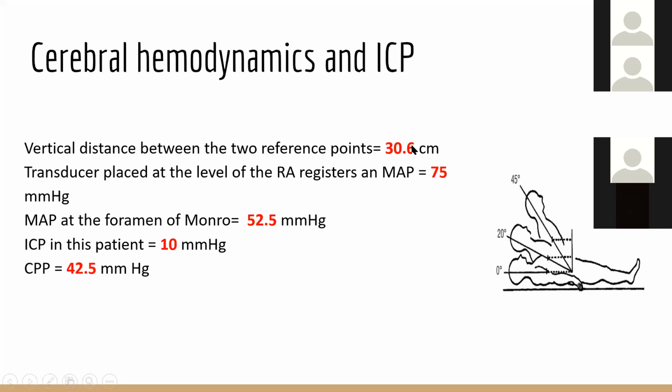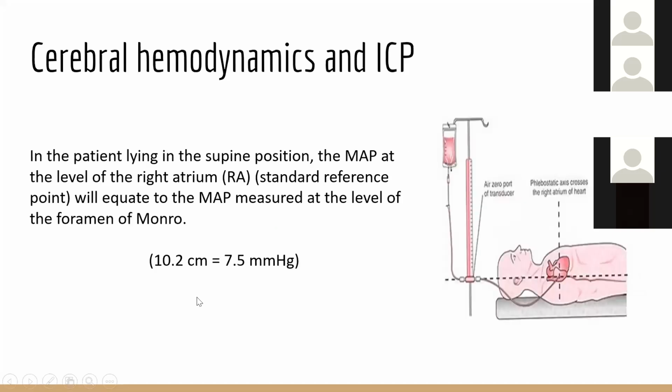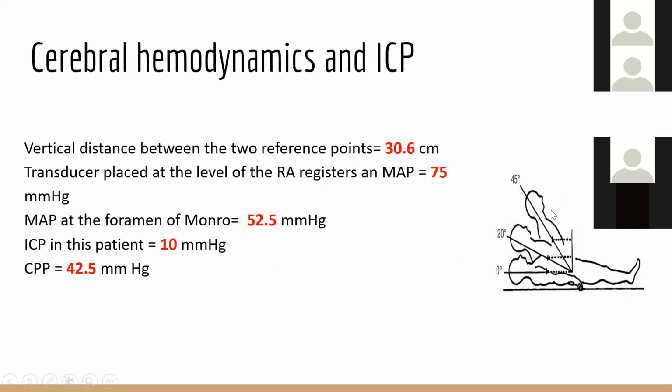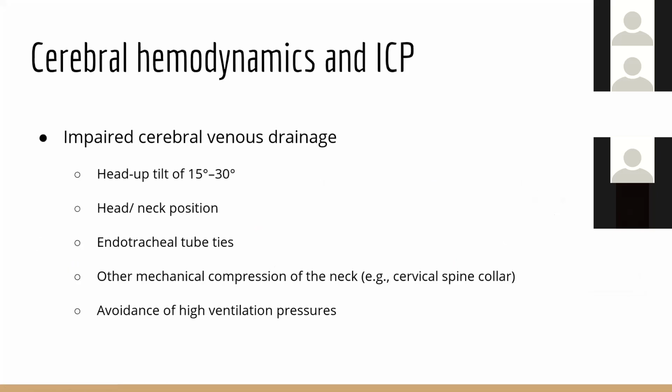But when we do the calculation based on this formula, the MAP at the foramen of Monro would be around 52. And if the patient has an ICP of 10, the cerebral perfusion pressure is 42, which is really compromised. So we need to consider this point if we're doing invasive blood pressure monitoring.